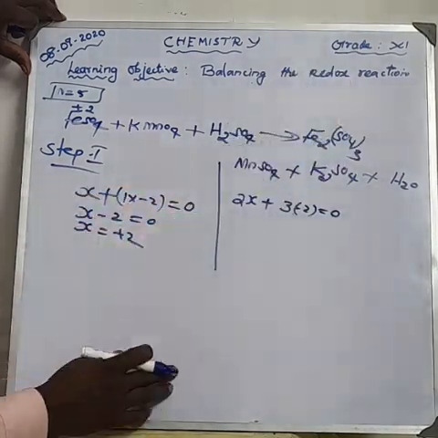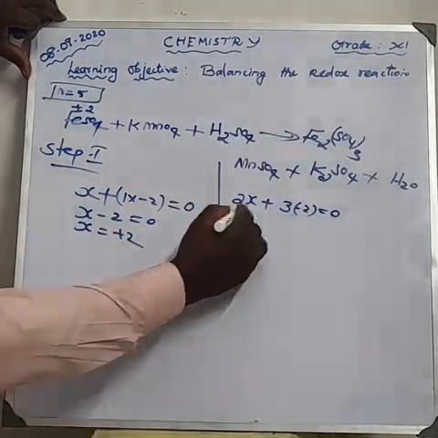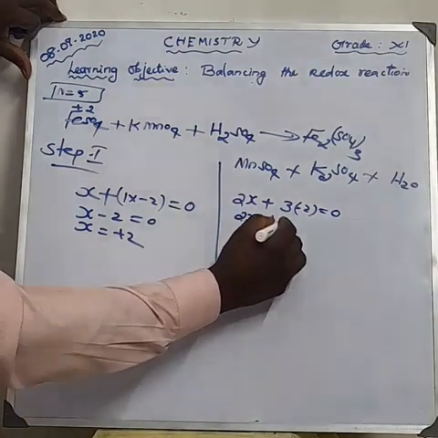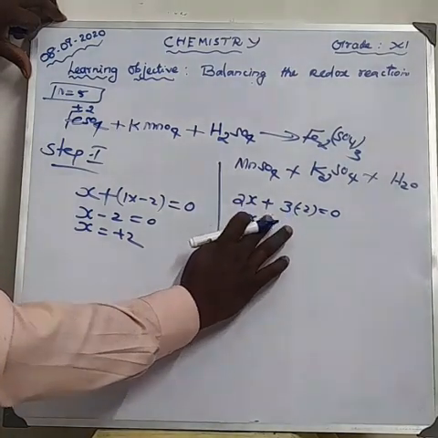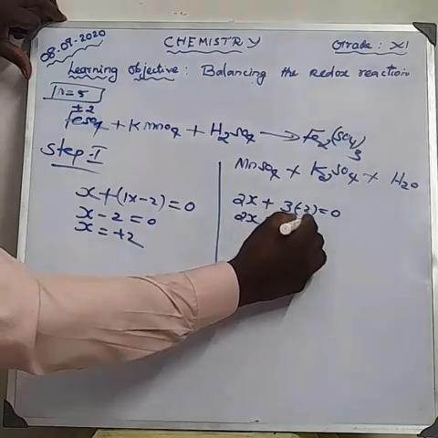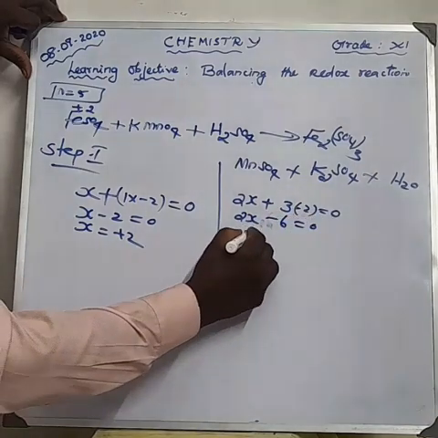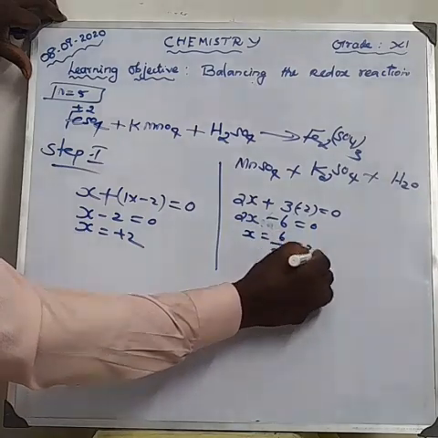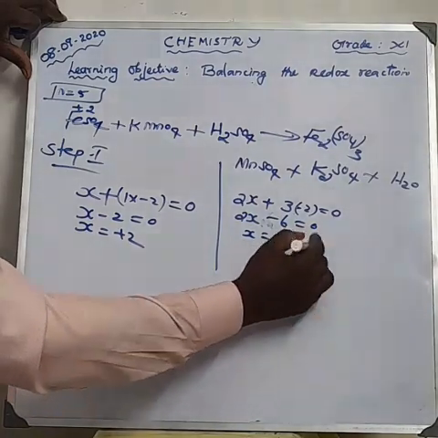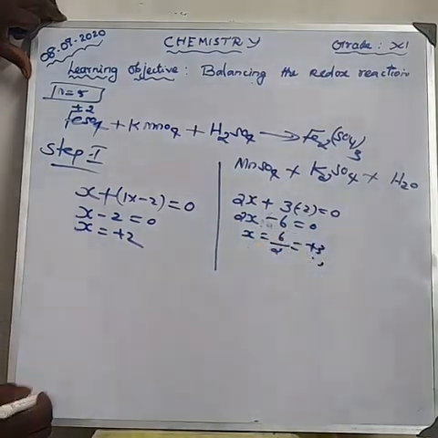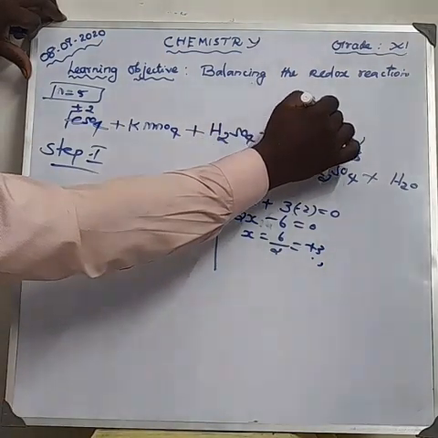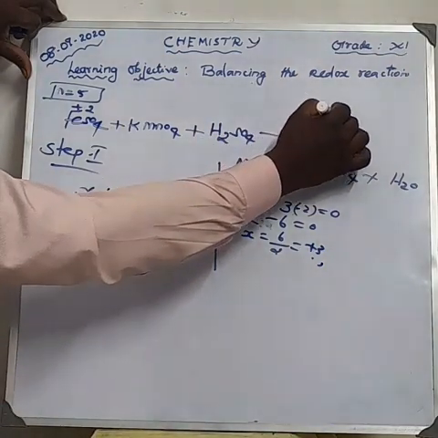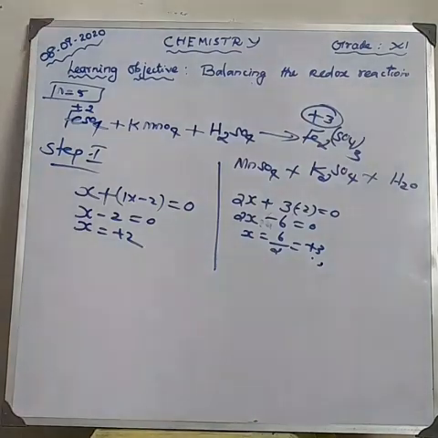There is no charge, so equal to 0. 2X minus 6 is equal to 0. X is equal to 6 by 2, which is plus 3. So the oxidation state of Fe in ferric sulfate is plus 3.